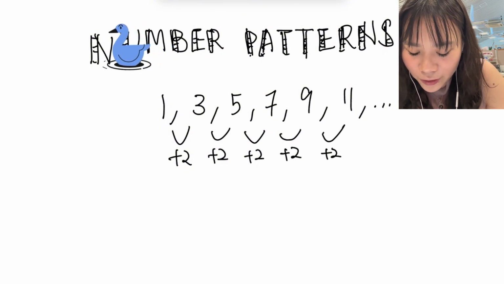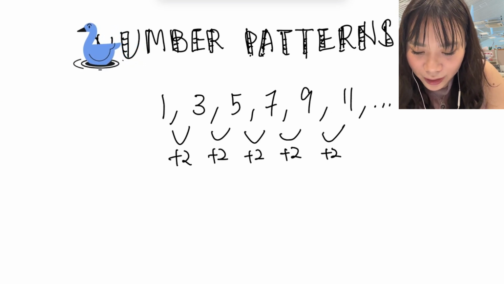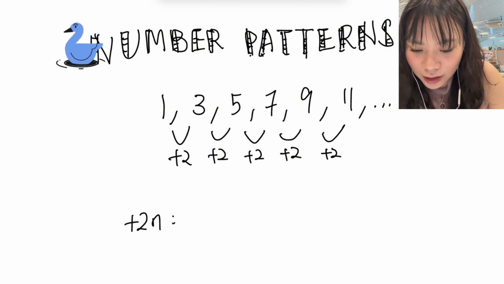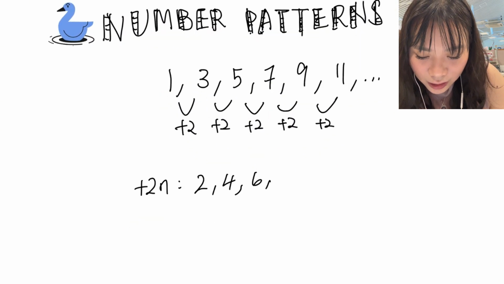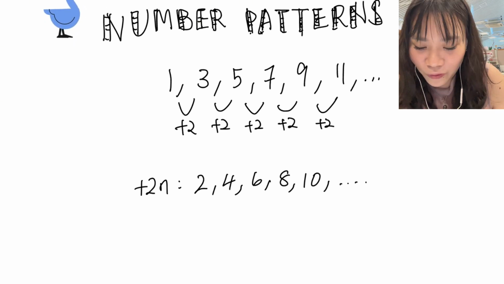If it's a plus 2 sequence, then we think of the plus 2 sequence, 2n, which is 2, 4, 6, 8, 10, and so on and so forth, right?